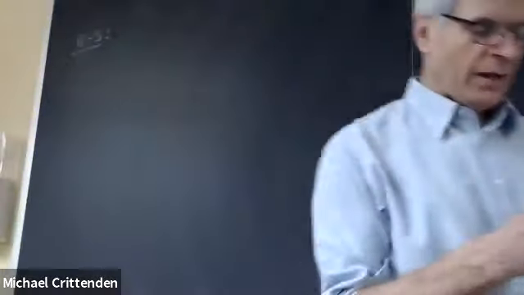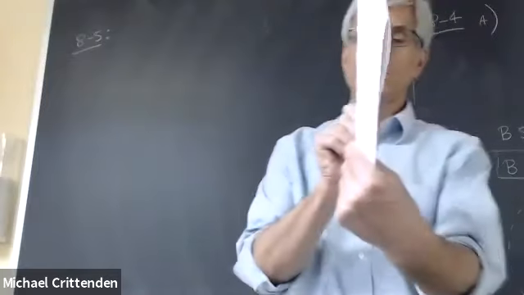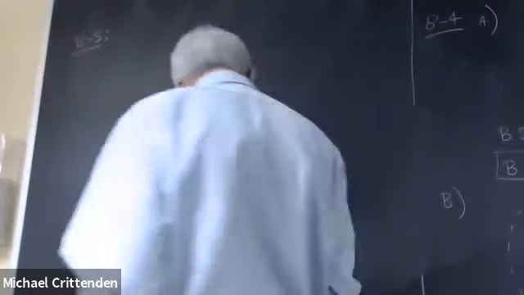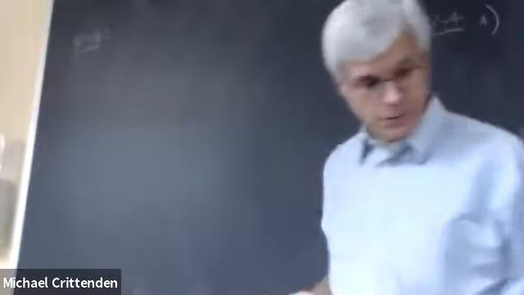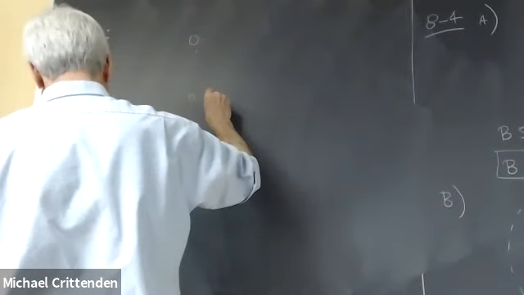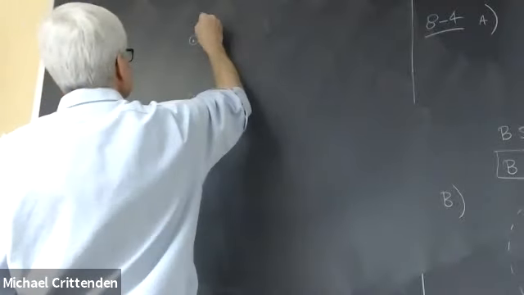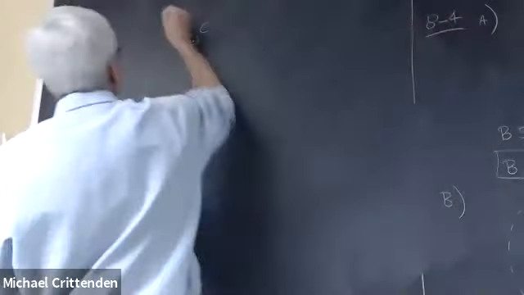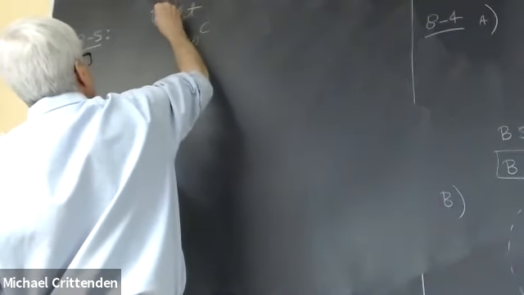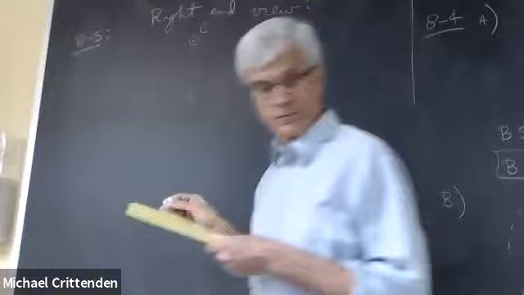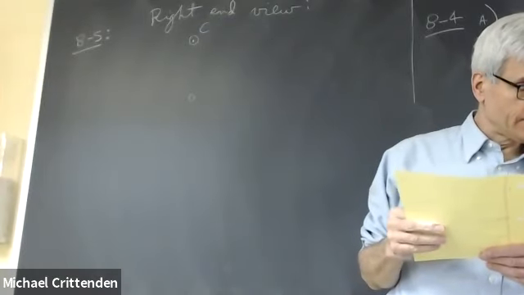If you're on the right-hand side of the picture, looking at these wires, you've got these 2 wires that I called C and D. I should probably label this: right end view.